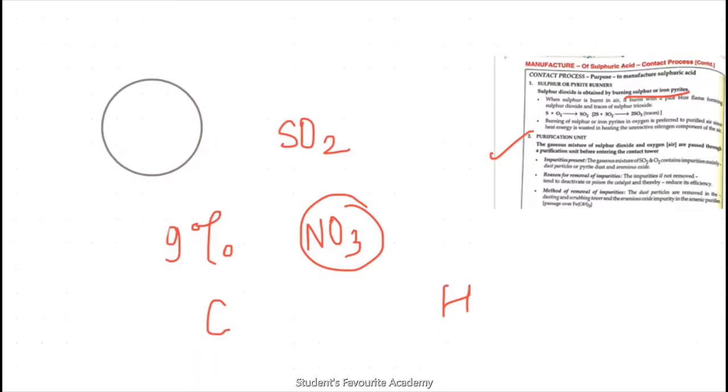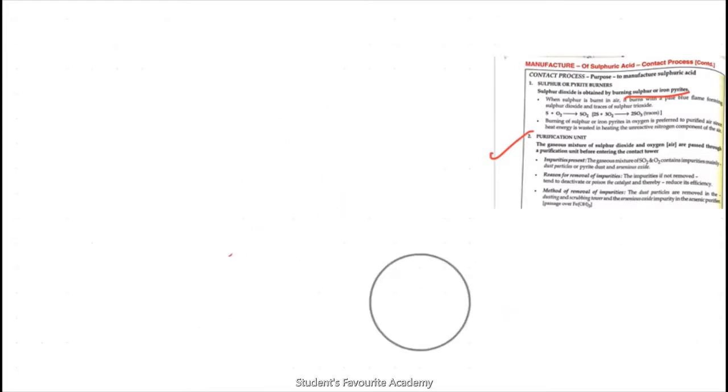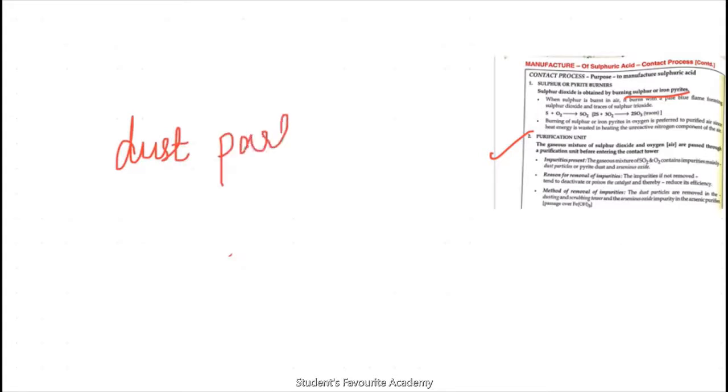Okay, for that I'll be talking about the impurities. The gaseous mixture of SO2 and O2 will be containing the following impurities. First will be dust particles, children. Of course these are the primary things that are found everywhere, so the external dust particles.